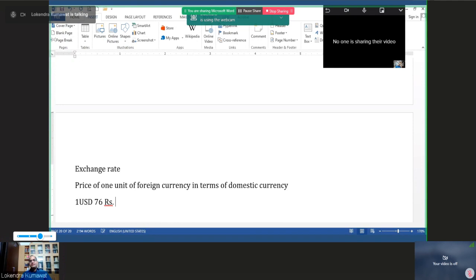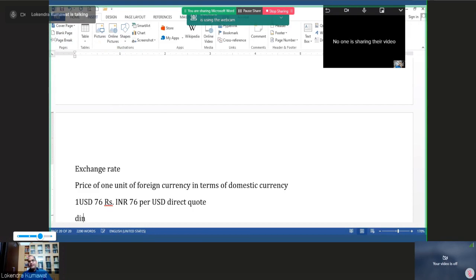Then you say the rupee-dollar exchange rate is 76 rupees, Indian rupees 76 per USD. This is called the direct quote, in which you are expressing the number of units of domestic currency required in order to purchase 1 unit of foreign currency.